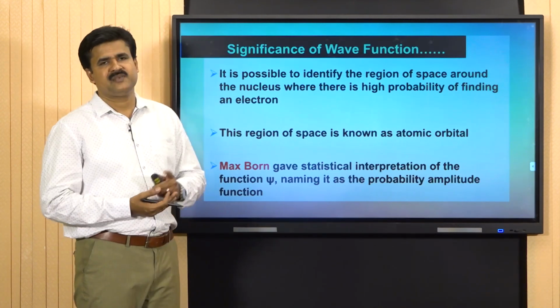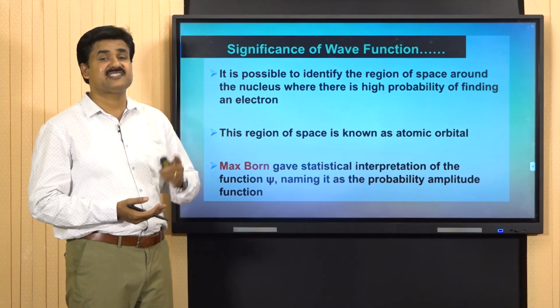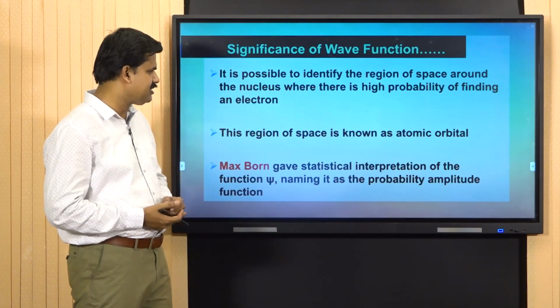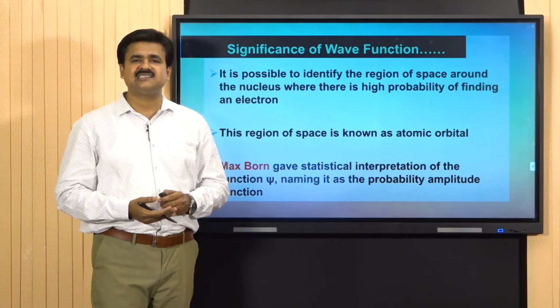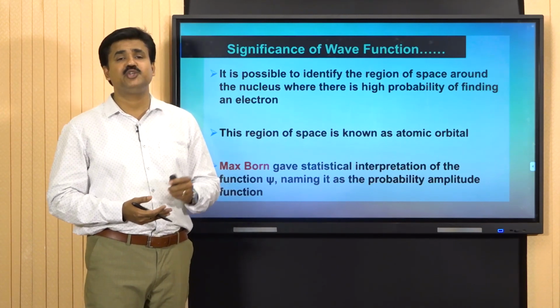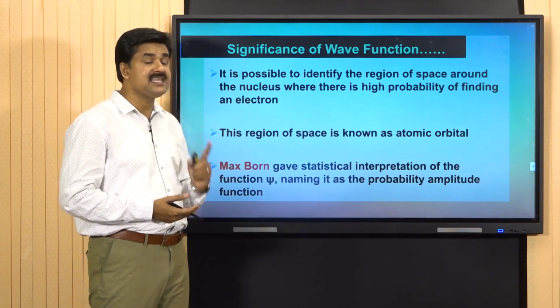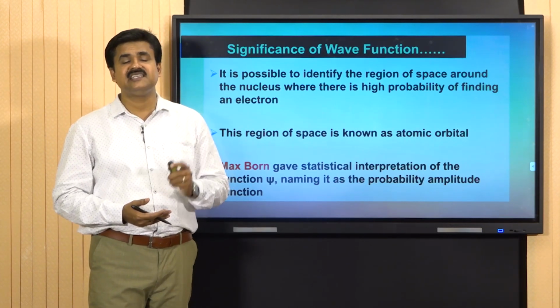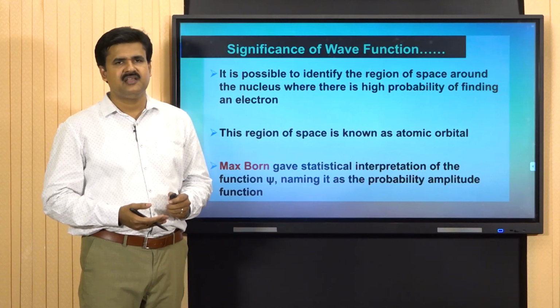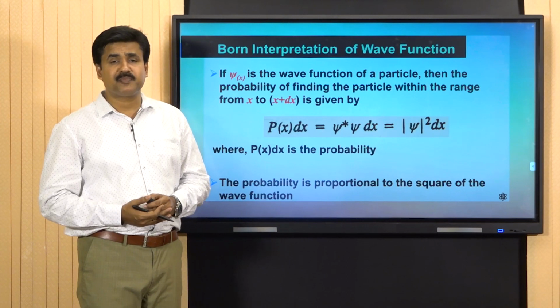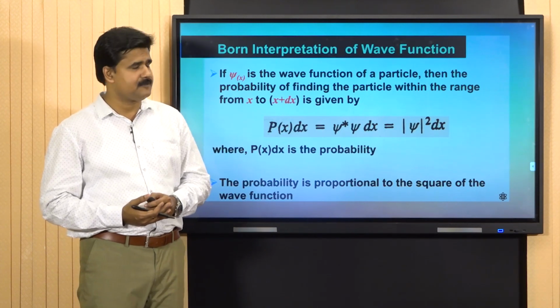Max Born was a scientist who gave a statistical interpretation of the wave function by naming it the probability amplitude function. Max Born interpreted psi as the probability amplitude function. Now we can move on to the Born interpretation of the wave function.